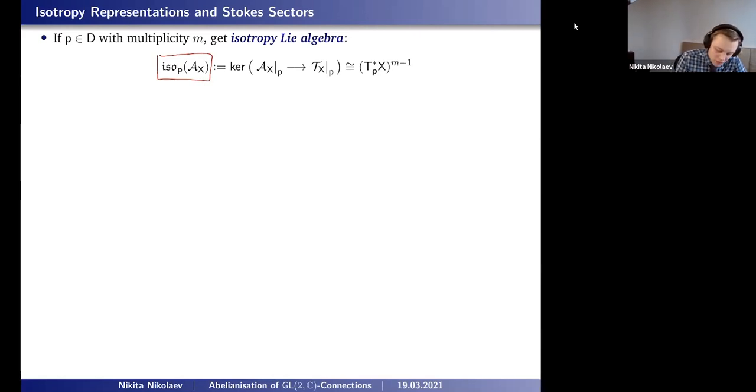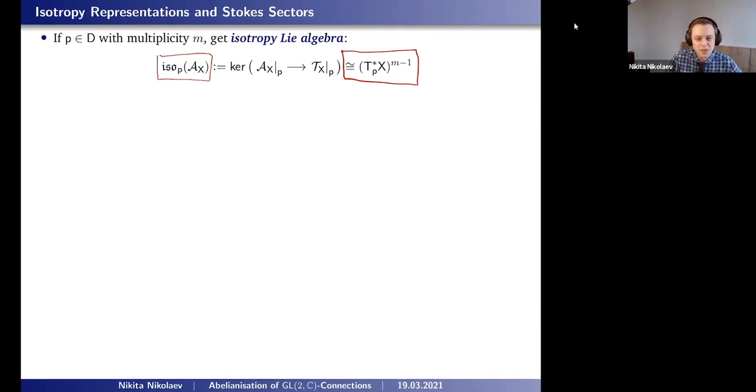And there's a very useful fact, which is that it is canonically isomorphic to the (M minus 1)st symmetric power of the cotangent space at P. The reason that's true is that you need to look at jets. My anchor map vanishes at the point P to order M minus 1.